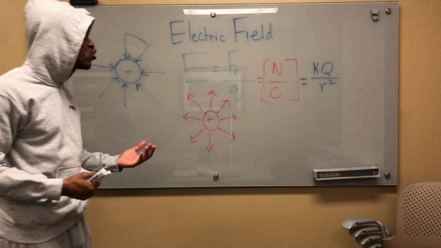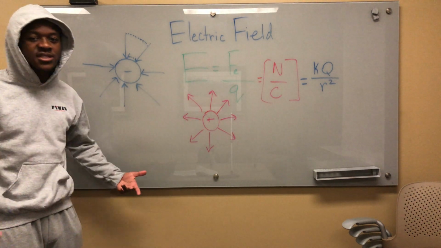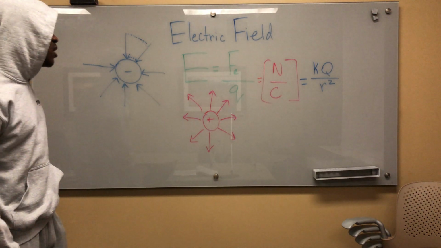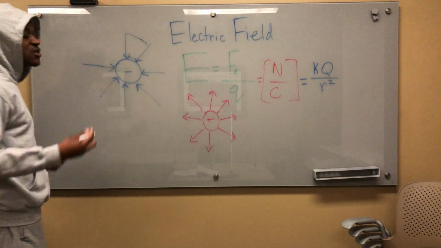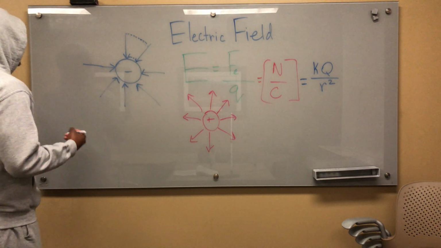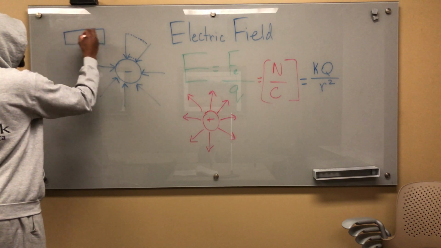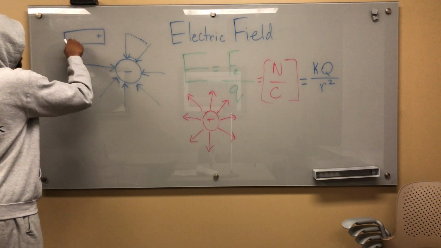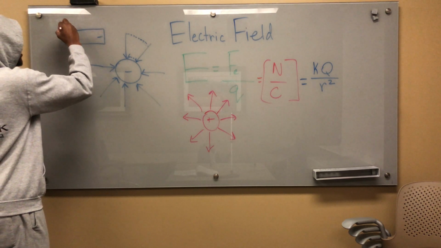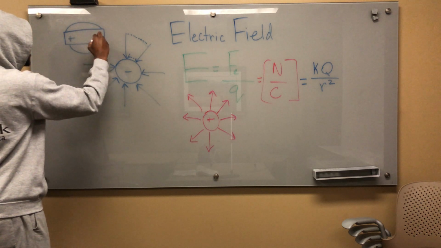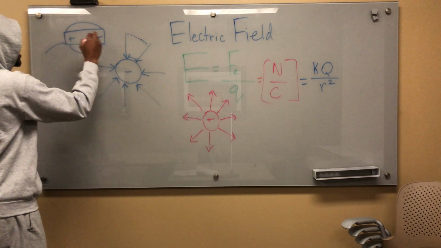Of course, a neutron doesn't have electric field lines, because it doesn't have positive or negative charge. That being said, you might have questions that ask you what the electric field would look like for, I don't know, let me say I had a bar magnet or something, right? And I'll do this side positive, this side negative. I would have maybe things going like this, things going like this.